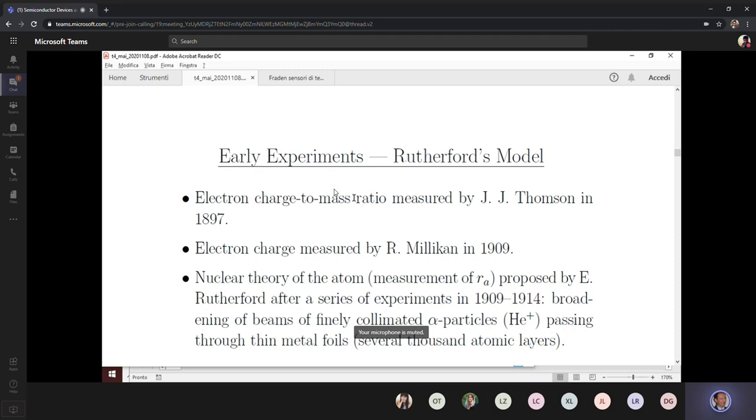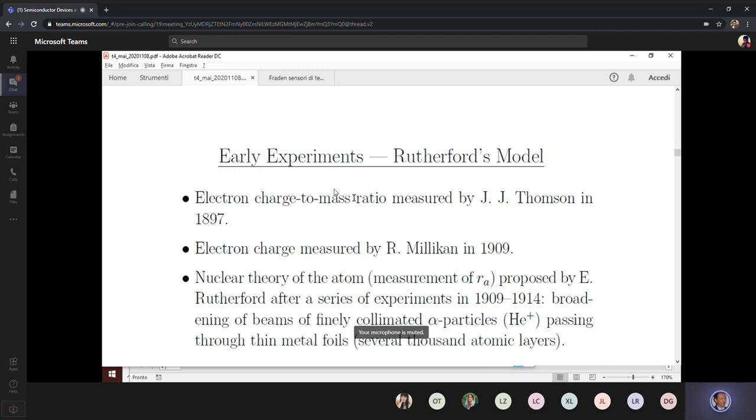So it is describable by what is called the nuclear theory of the atom, or the planetary theory of the atom, in which the atoms are made of small nuclei around which one or more electrons rotate. Okay?